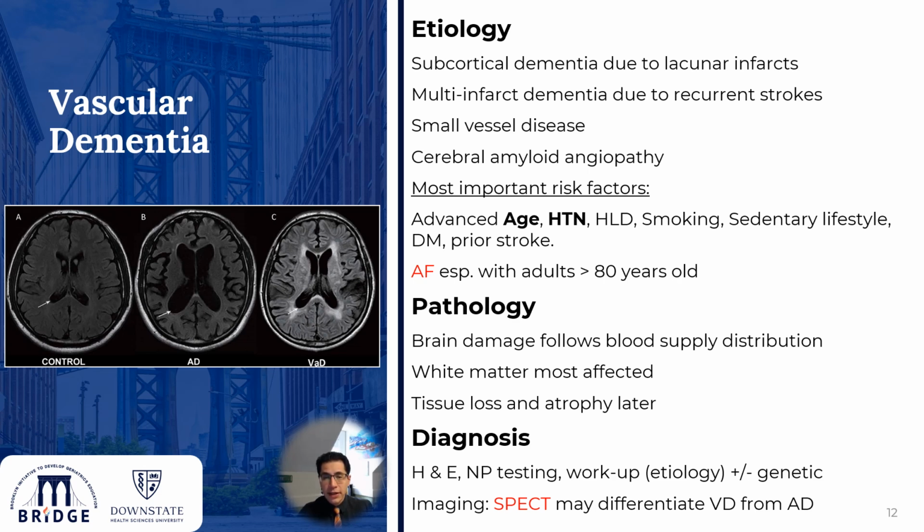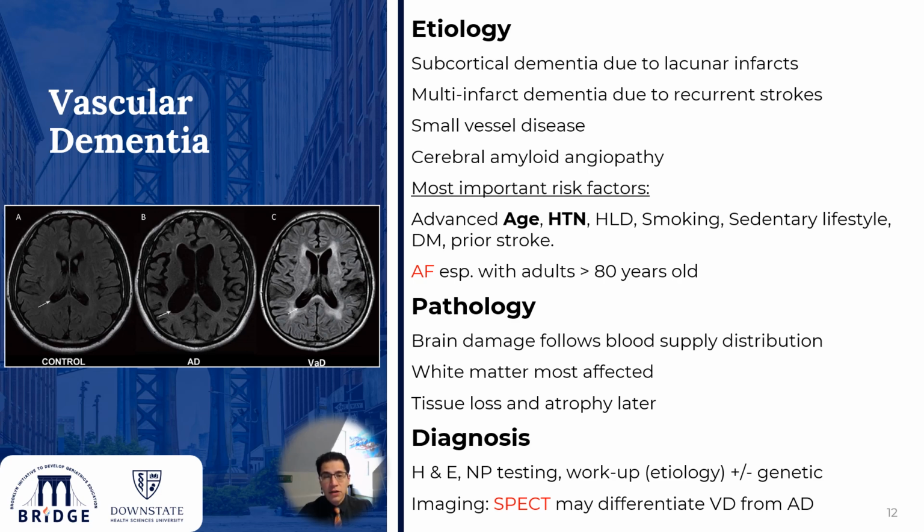Cerebral amyloid angiopathy may show as a unique form of vascular dementia, sometimes presenting with an episodic nature of symptoms. The most important risk factors are advanced age and hypertension.